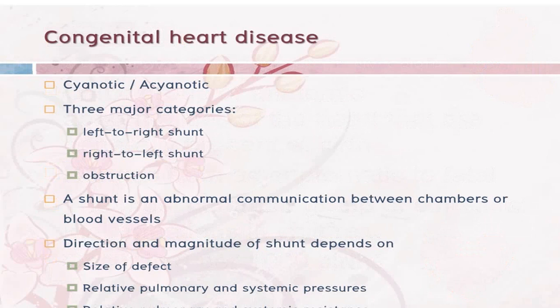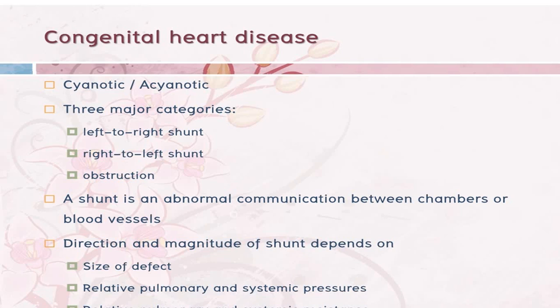So congenital heart disease we can divide into cyanotic and acyanotic groups. Basically we use three words: left to right shunt are acyanotic groups, right to left shunt are cyanotic groups, and there are some congenital malformations which produce obstruction to the outflow, which we call obstructive congenital heart disease.